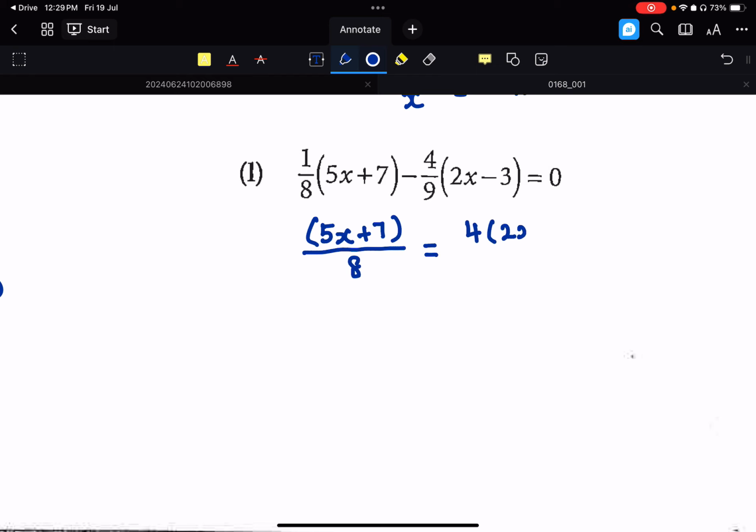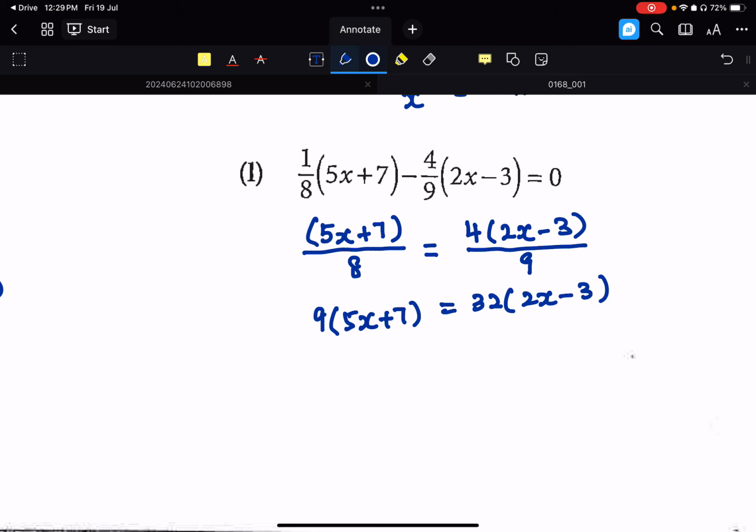You have this situation, a 9. Now, same thing, it is one fraction equals to another fraction. We can do cross multiplication. So 9 times 5x plus 7 equals to 4 times 8 is 32, 2x minus 3. I could safely do that, right?